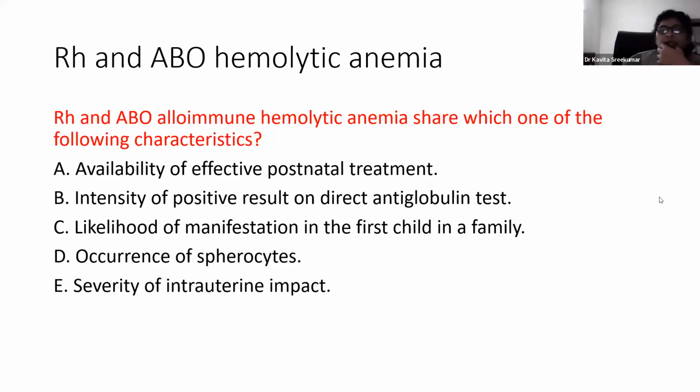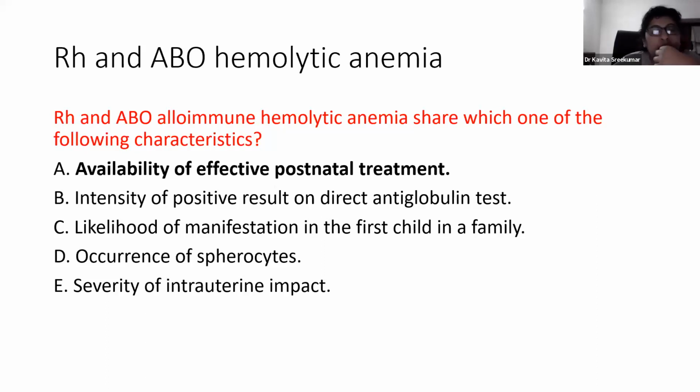Okay, so again, most of you have answered correctly. So the answer is the first one, right? Because the intensity of positive DCT is higher in RH compared to ABO. Second thing, RH will not happen in the first child, less likely.